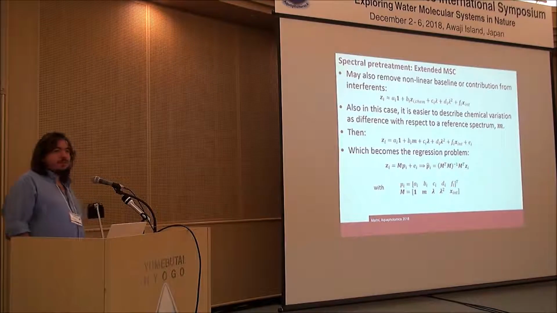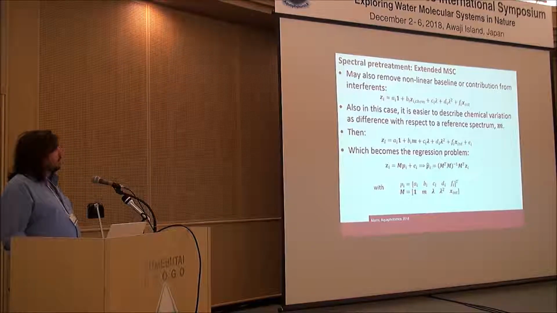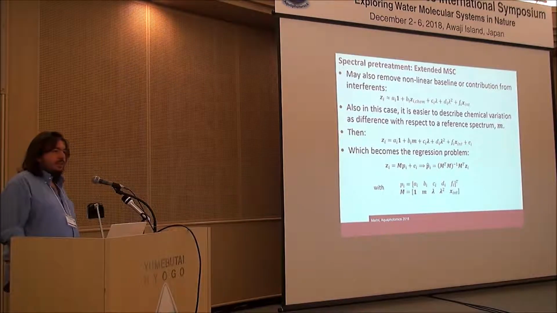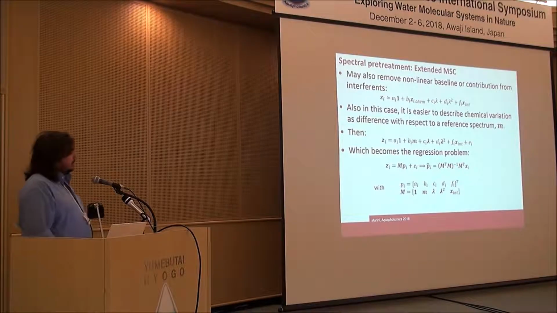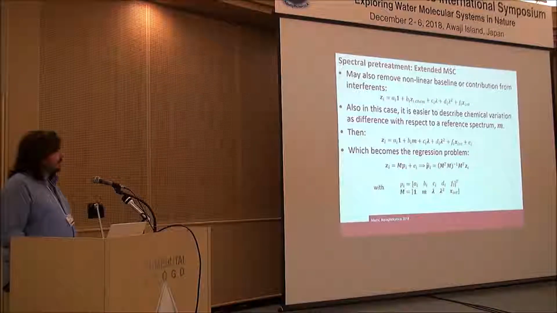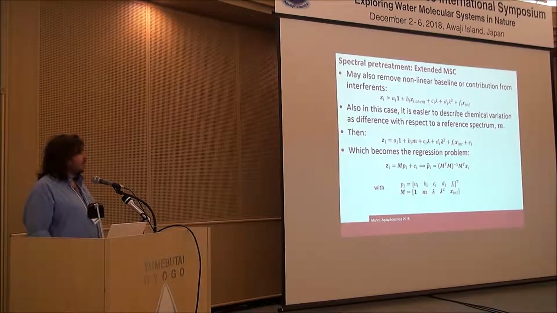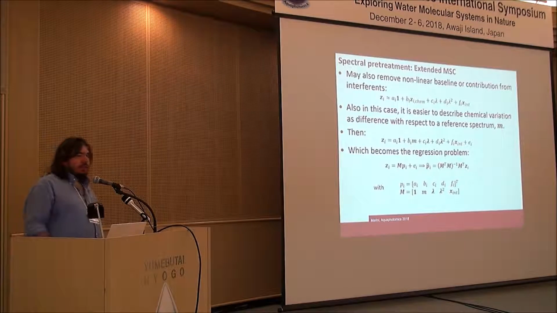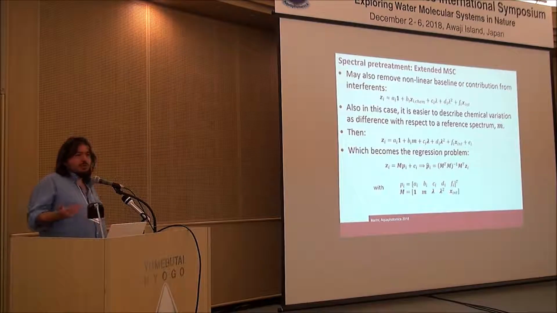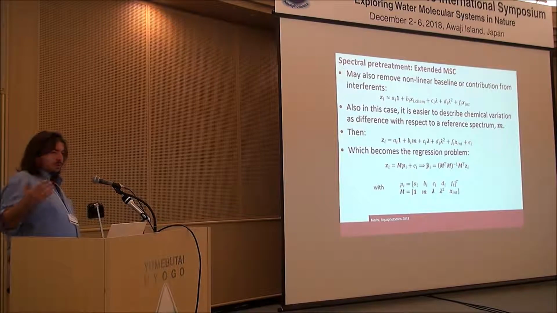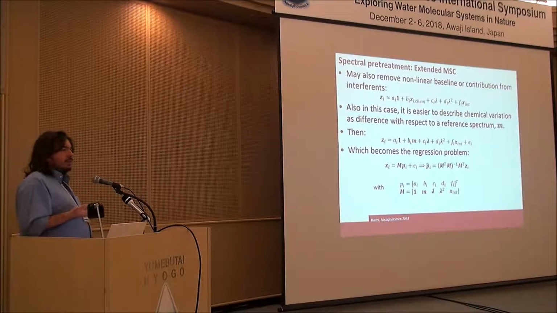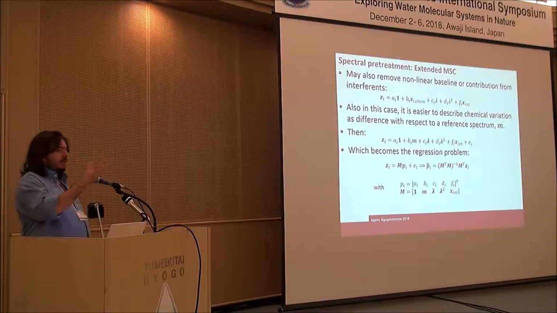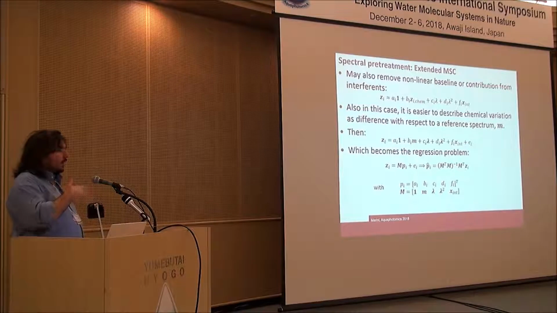This is because it allows us to express the spectral variability that one observes in one particular spectroscopic signal as the contribution not only of hypothesized linear, so multiplicative and additive, effects, but also one can take into account the possibility of modeling the baseline, in this case using a quadratic polynomial assumption, and one can also decide to declutter the spectra from the contribution of possible interference, provided one has a suitable spectral profile to consider as representative of the interference that one would like to declutter the signals from.